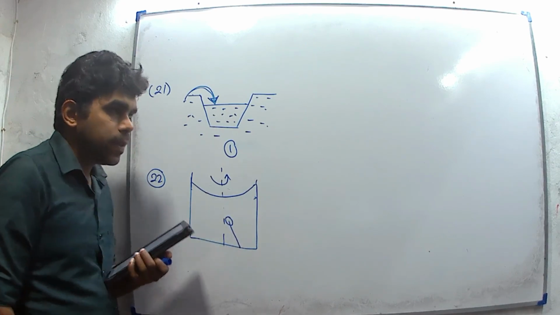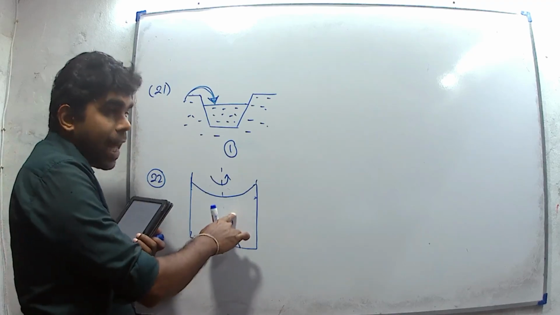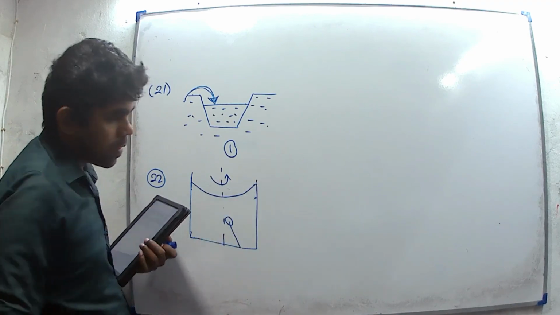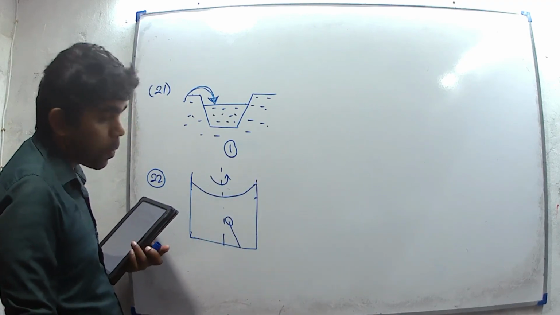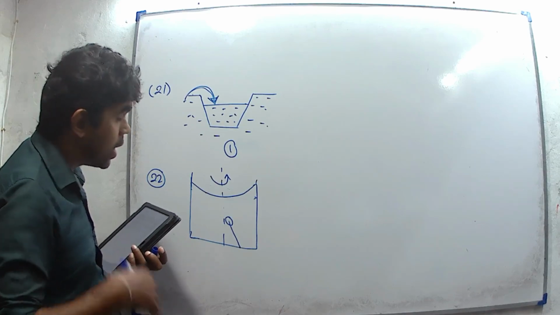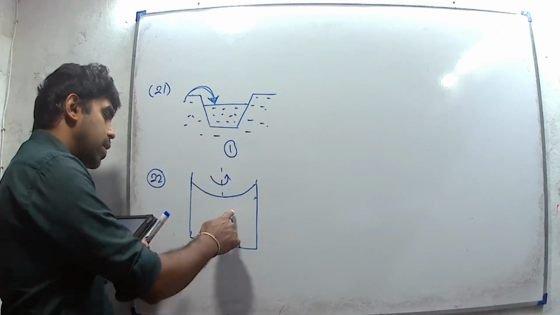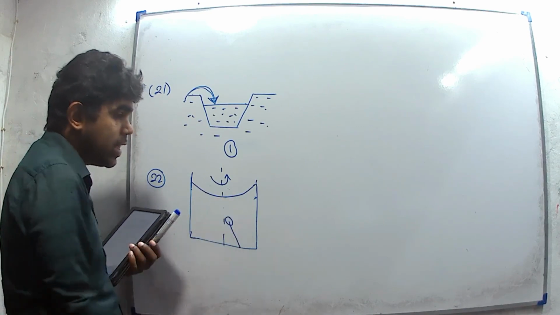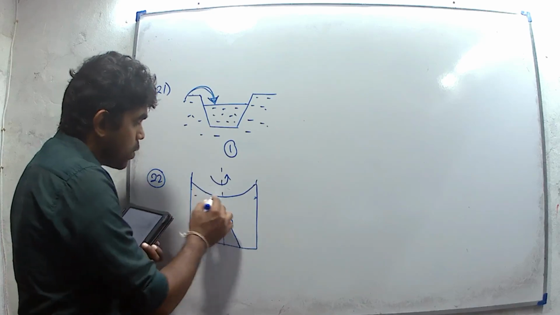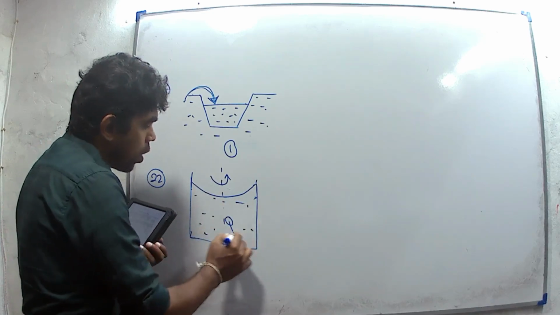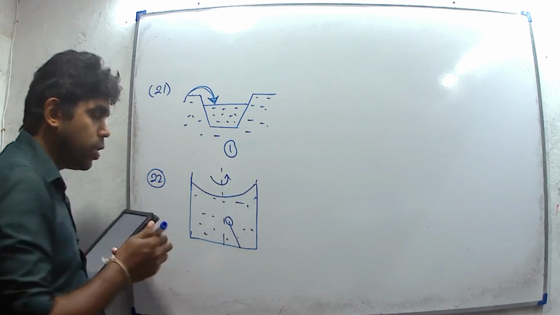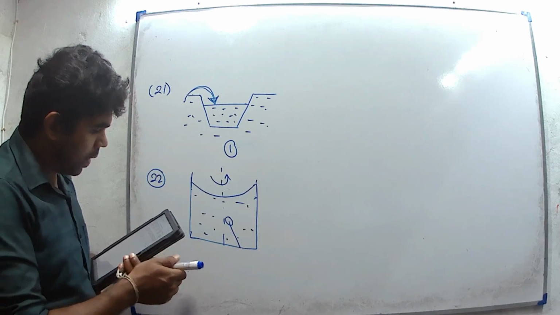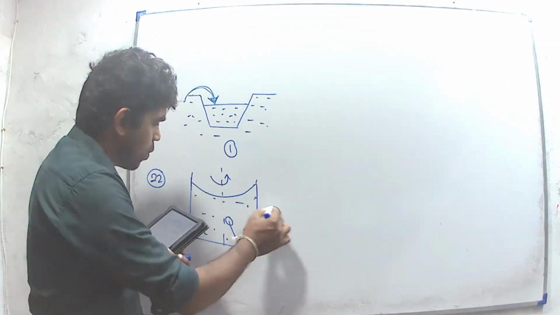If the density of the object is greater than the density of the outer medium, it will move in the opposite direction of acceleration. But now the density of the object is less than the outer medium. The outer medium is water, and the density of cork is less than water. Therefore, it should move towards the acceleration. Then the answer should be 3 for question number 22.